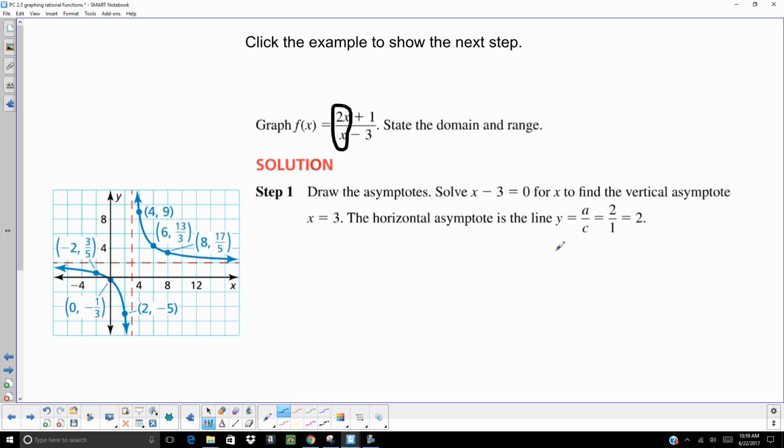And that is where my horizontal asymptote is coming from, at y equals 2. If for some reason I've got a higher power on top, I'm not going to have a horizontal asymptote. Okay? So just kind of think of that as 2 over 1, and that gives you your horizontal asymptote.